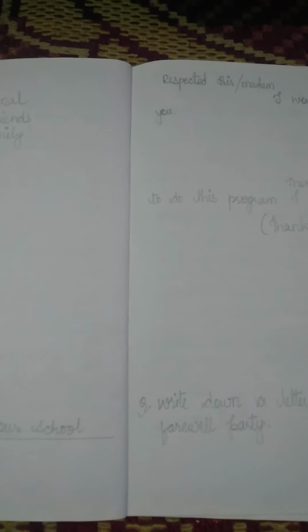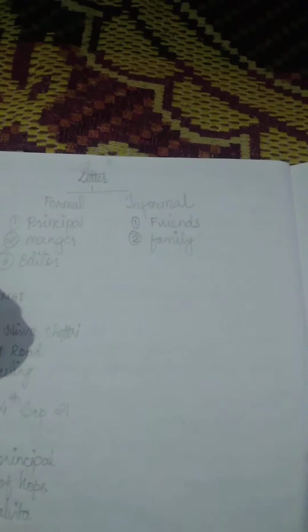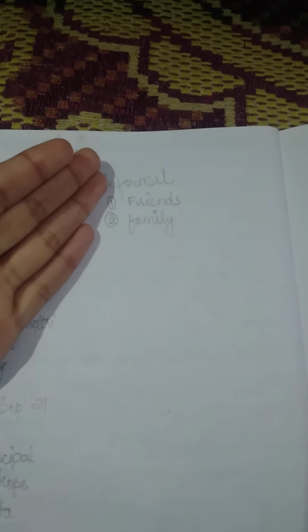Now today in our class, what we are going to learn is how to write an informal letter. Okay, an informal letter is one which we can write to our friends, our family, our relatives, siblings, and all. It is very simple.